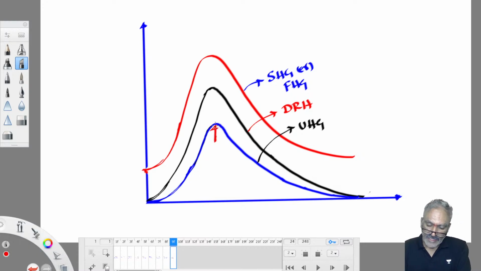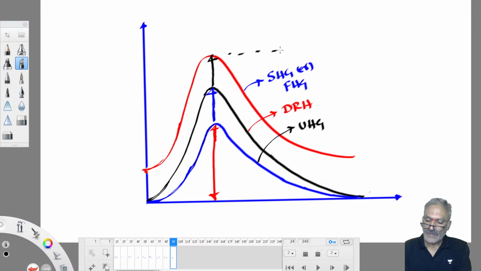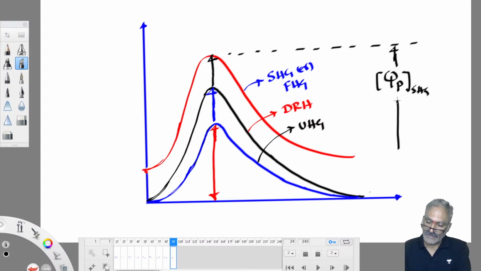Where the peak of the unit hydrograph is, somewhere here, there only you can find the peak of the direct runoff hydrograph. There only you will find the peak of the storm hydrograph or flood hydrograph. So finding peaks: this is the peak coordinate of the storm hydrograph or flood hydrograph.